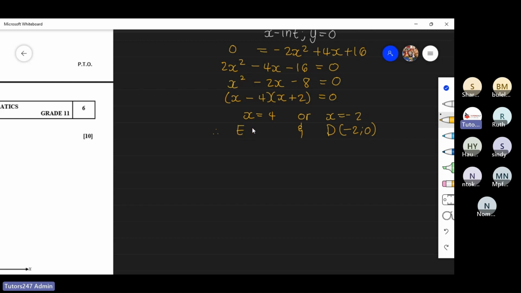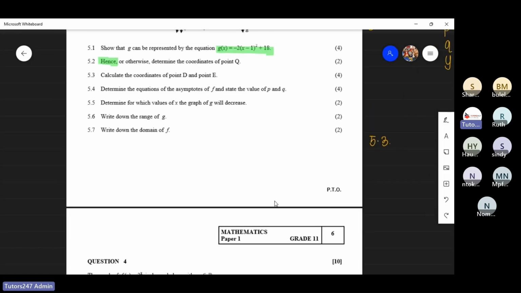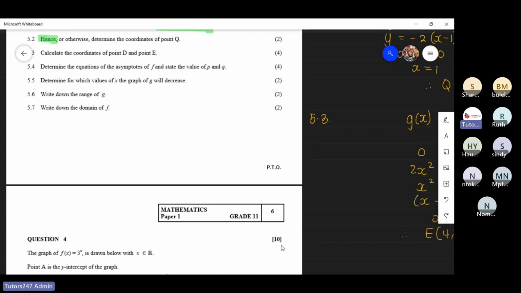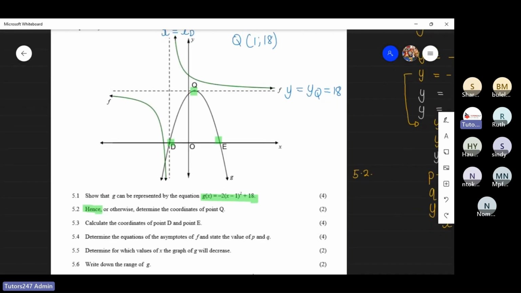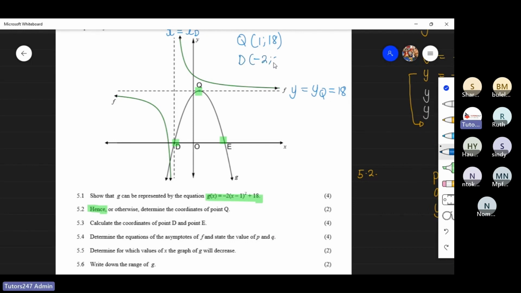And point E will get the positive value, which is 4. So we now have our coordinates of D and E. We can make a note of it here so that it's easier for us to see in case we need to use them. So we said D is (-2; 0) and E is (4; 0).